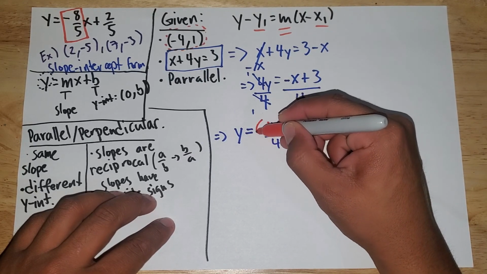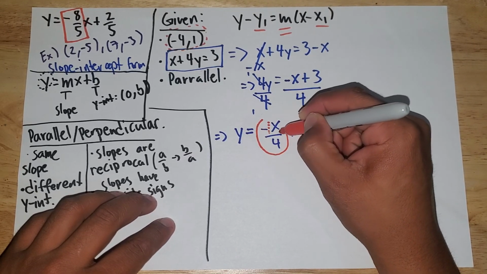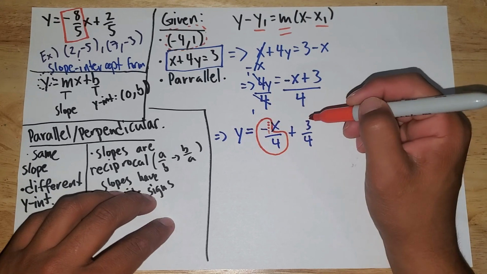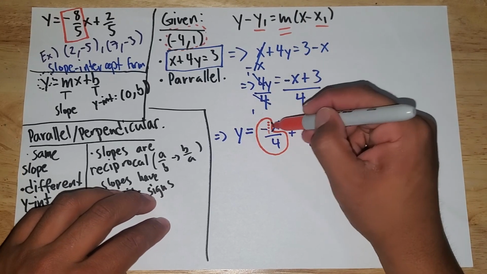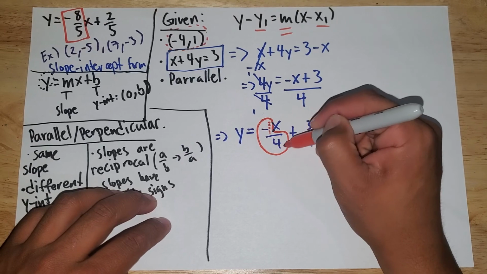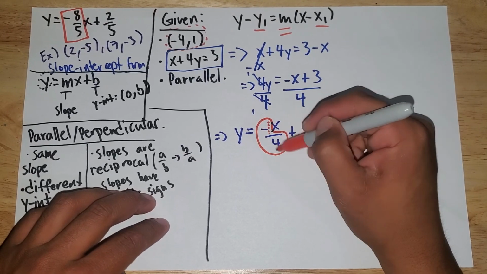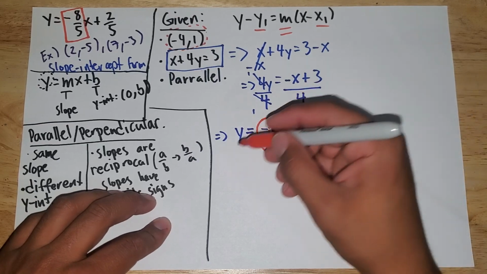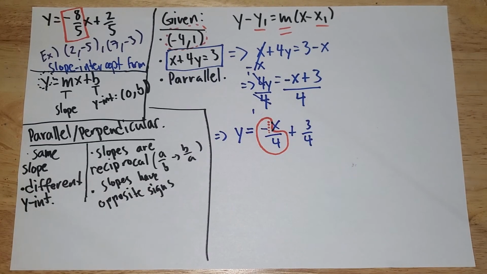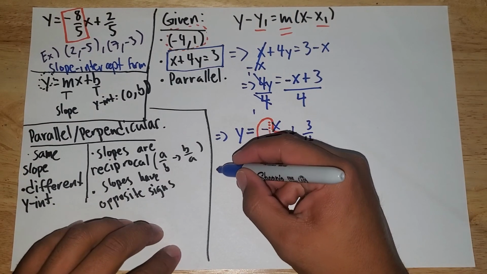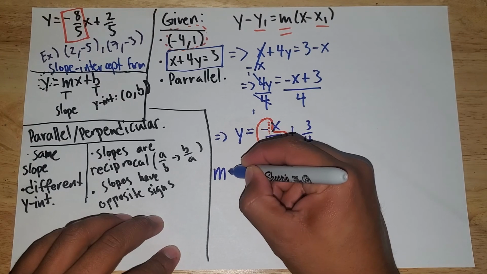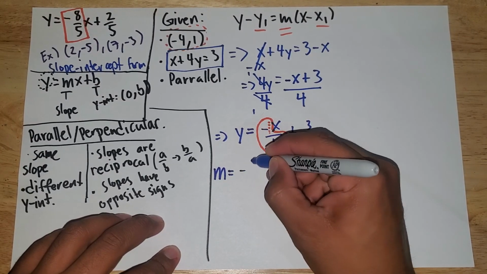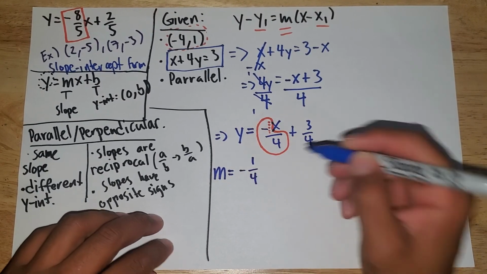It's actually including that 4 as well. So you want to be careful. A lot of people just pick the x and completely forget that there's a number in the denominator that's still part of your slope. So the slope of this line, and I haven't plugged anything in yet, is equal to negative 1 over 4.